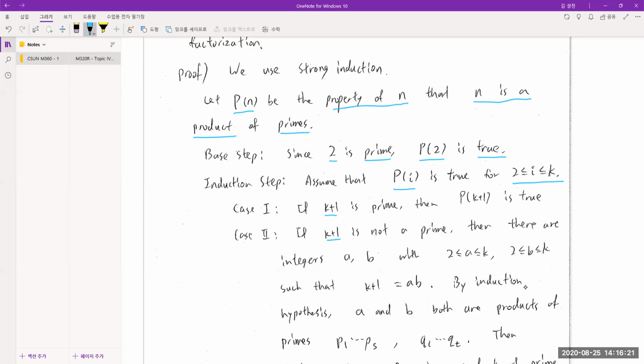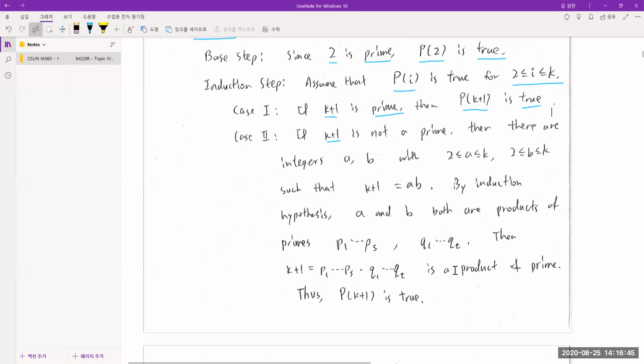It is case by case. If k plus 1 indeed is a prime, that's the easy case: P(k plus 1) is true because k plus 1 itself is a prime. That's a product of primes. So that takes care of the trivial case.